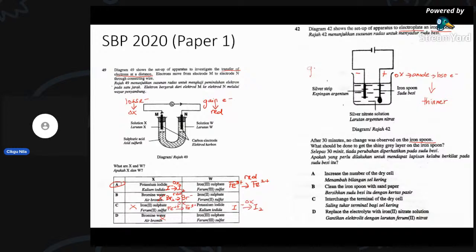Gain electron means it is reduction, and it is the cathode. So what we are supposed to do is change the terminals. The negative terminal should be on the spoon, and the positive terminal should be on the silver. So your answer should be C. Interchange the terminal of the dry cell.